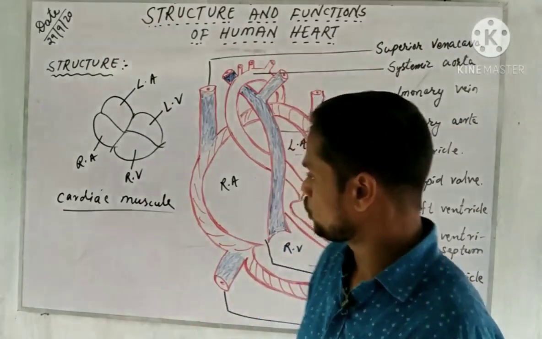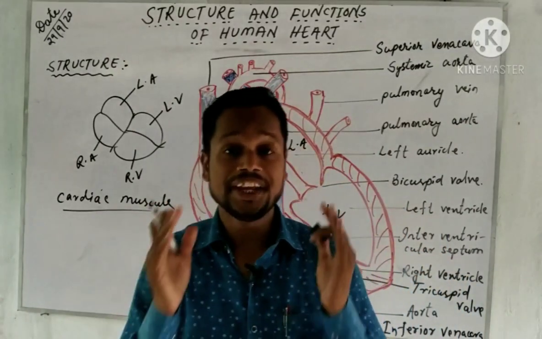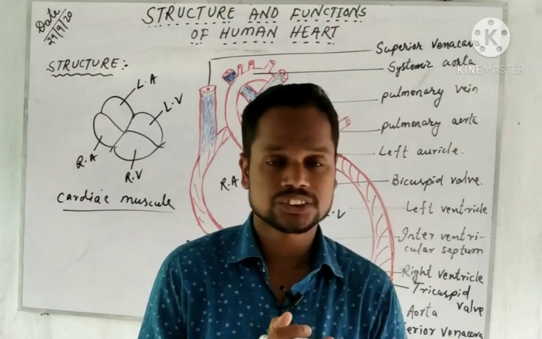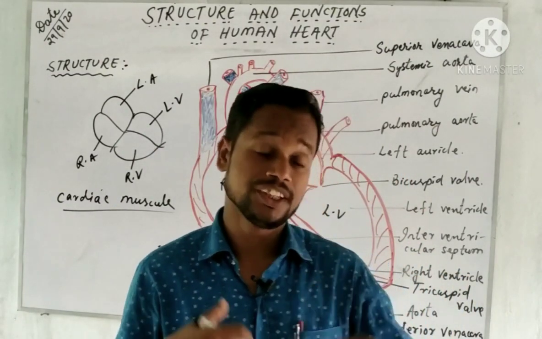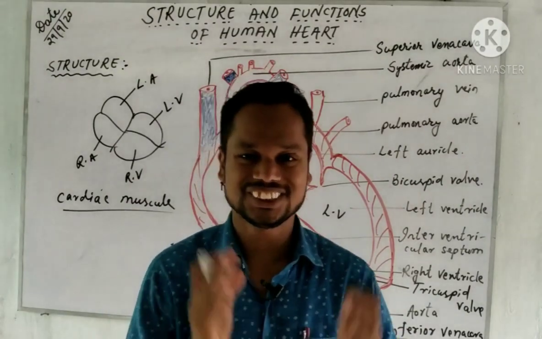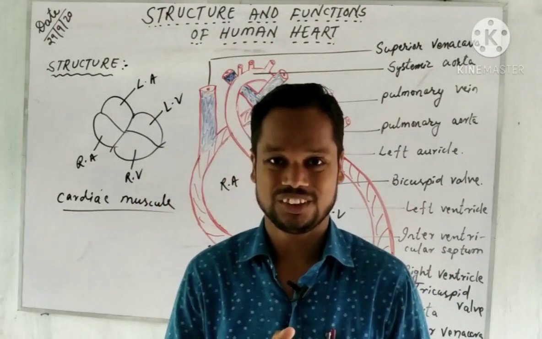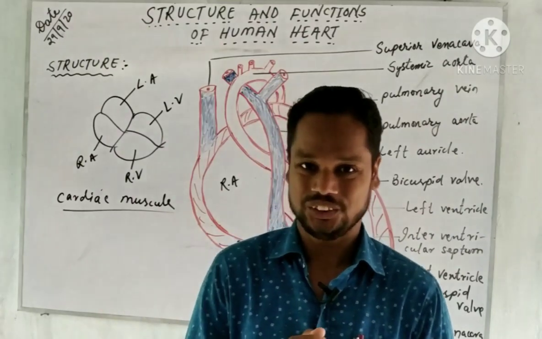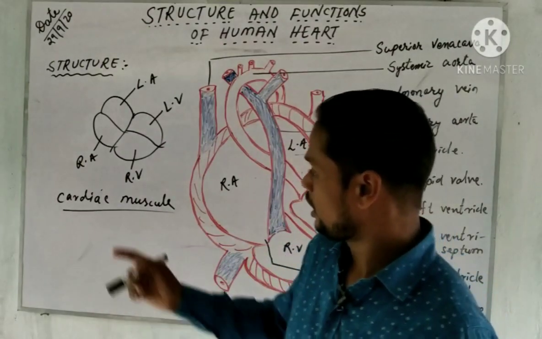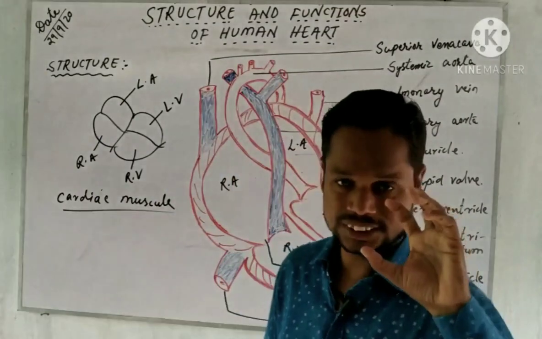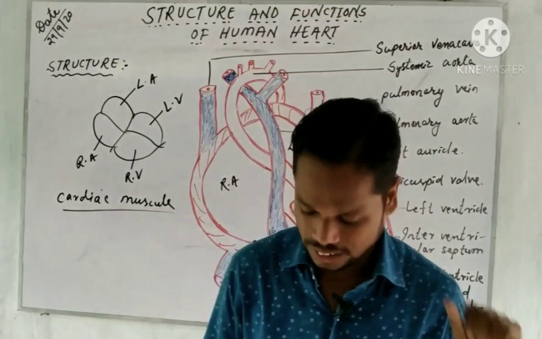It is a type of involuntary striated muscle. It can work restlessly. Just imagine, if the heart takes rest, what will happen? We will die, definitely. So cardiac muscle is a muscle which can work restlessly. This is the special muscle present in the heart.